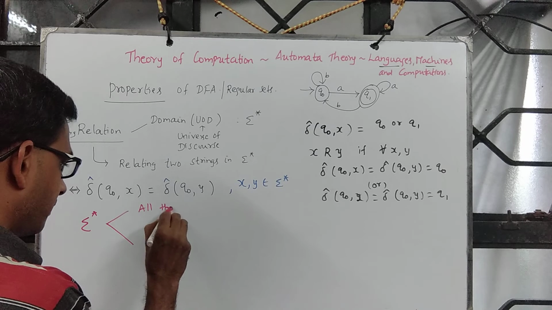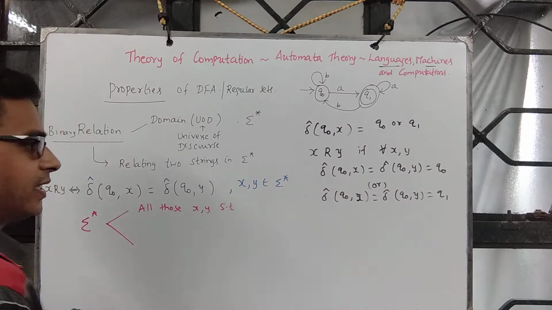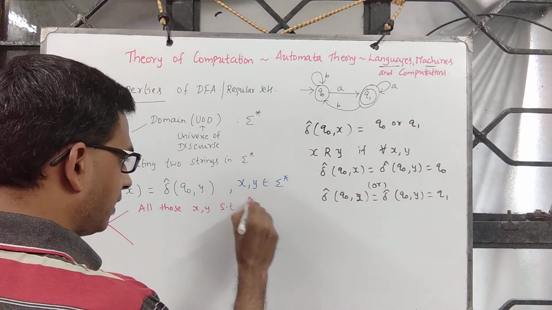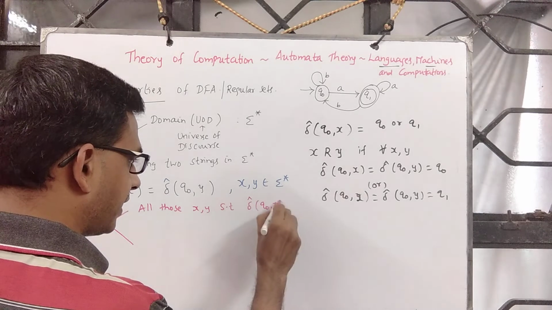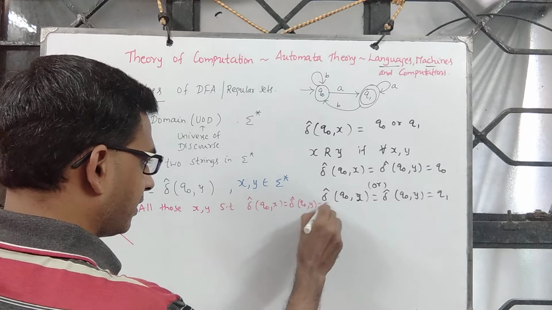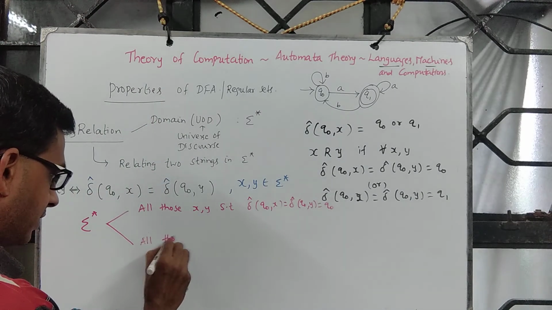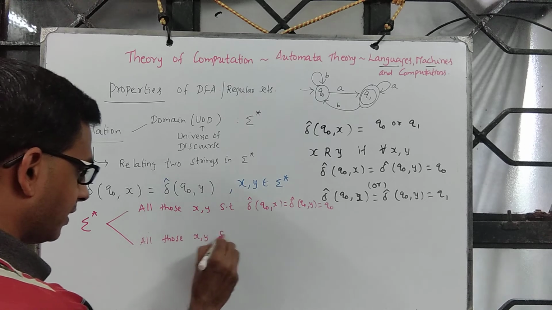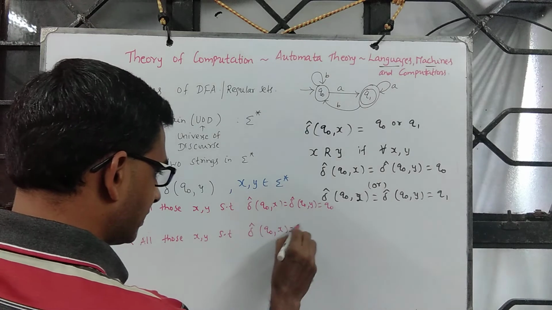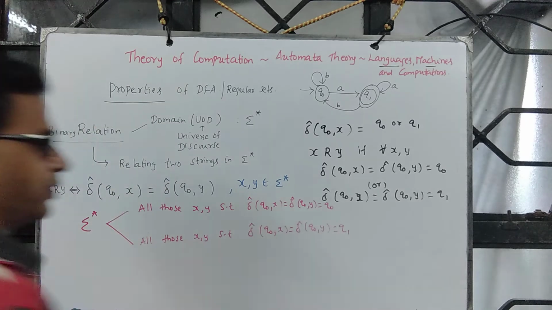All those x, y such that this property is true: delta of q naught comma x is the same as q naught comma y and the value is q naught, and all those x comma y such that delta cap of q naught comma x is the same as q naught comma y, and that value is q1.